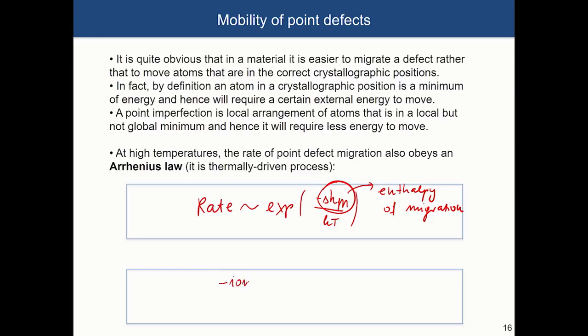For example, the ionic conduction, how quickly the ions can move throughout the crystal, or plastic deformation. And for example, diffusivity of gases throughout different materials. So these are all driven by the presence of the point defects and the diffusion processes.